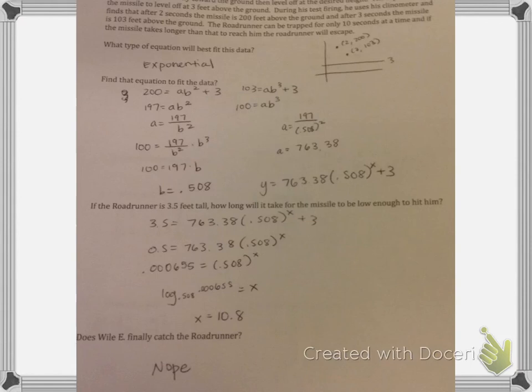And then I'm going to divide both sides by 763.38, and this is what I get. Then I'm going to change that into logarithm form, and I get log base 0.508 of 0.000655 equals x. So type that into your calculator, and you should get x equals 10.8.